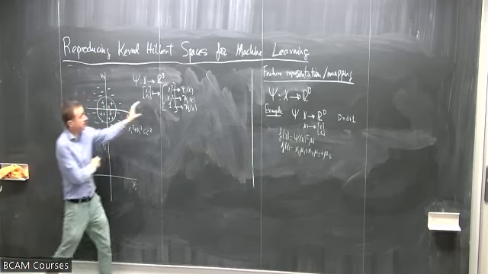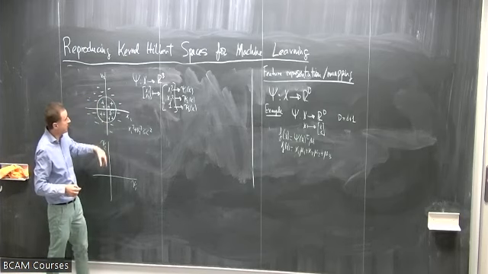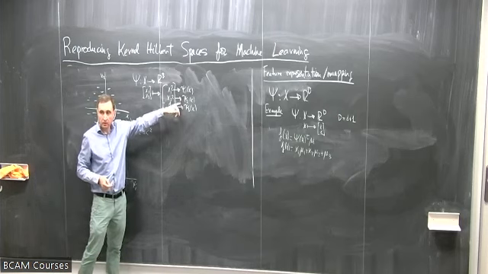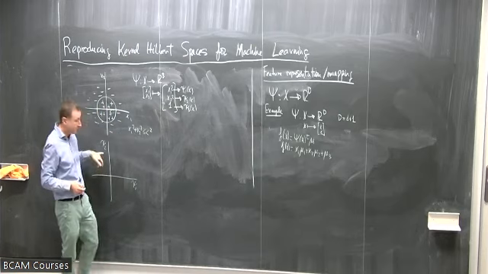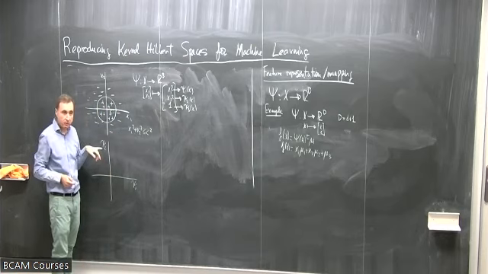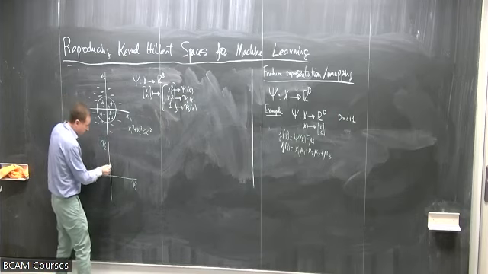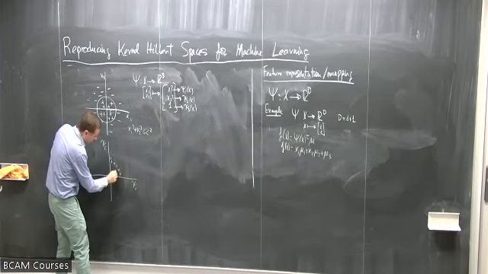If I do this transformation, the points inside the circle are the points in which c1 plus c2 is smaller than c squared. So in terms of c1 and c2, the positive points are all in this triangle.